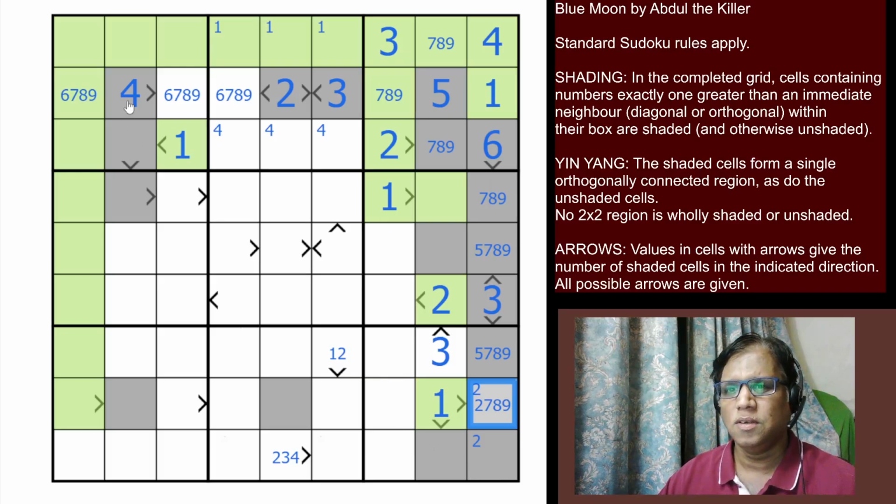4 is here. 3, 2 is here. 4, 7, 8, 9, 6. Oh, 7 could be anywhere, right?